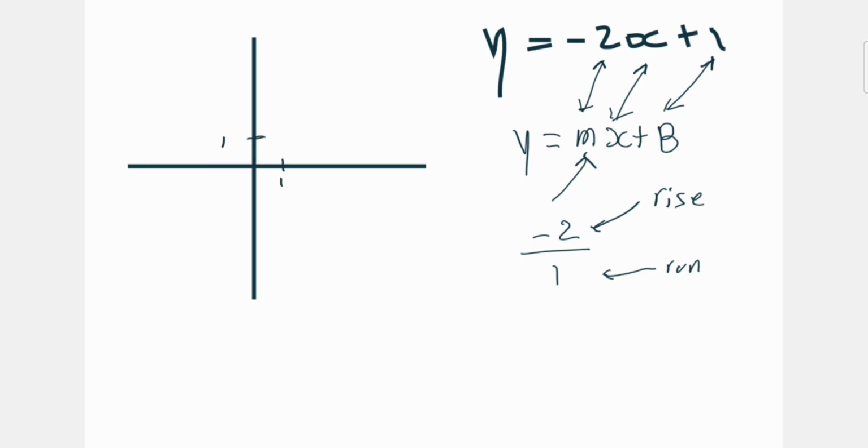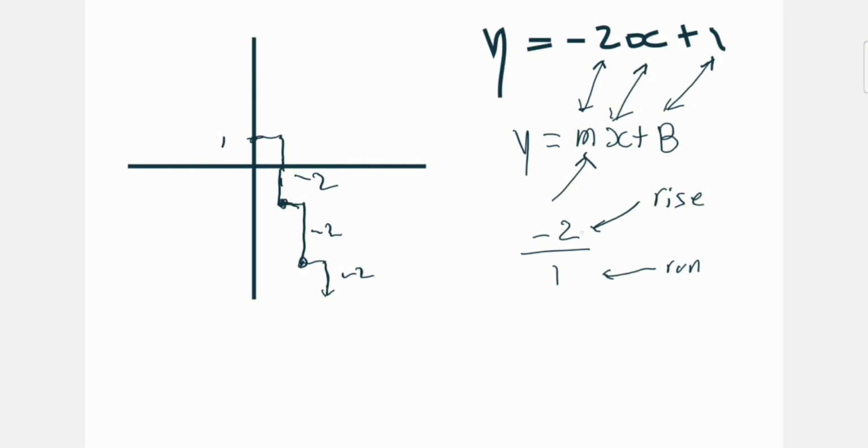So here we go across 1, and then we go down 2. So here. Okay, now we go across 1 and down 2. Across 1 and down 2. So every time it goes down by 2, it has to go across by 1.